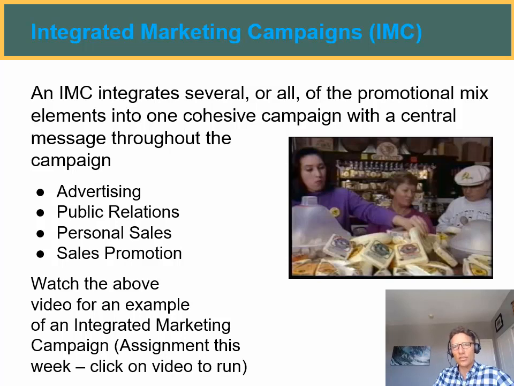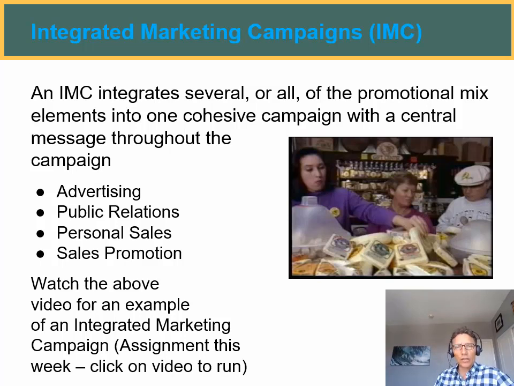So personal sales is direct spoken communication between buyer and seller, meaning the person that they're talking with can actually sell them the product. That's an important distinction when we get into the California cheese piece.